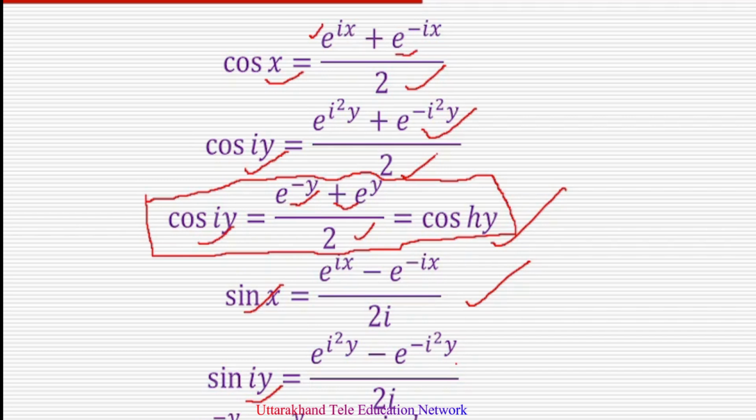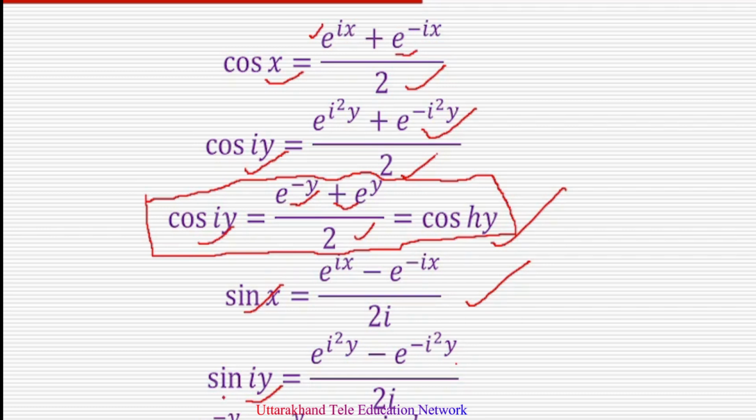Now this is minus of hyperbolic sin y. We know that hyperbolic sin y is (e raised to power y minus e raised to power minus y) over 2. Take the minus sign common, then we will get (e raised to power y minus e raised to power minus y) over 2, which is hyperbolic sin y, and iota is left.